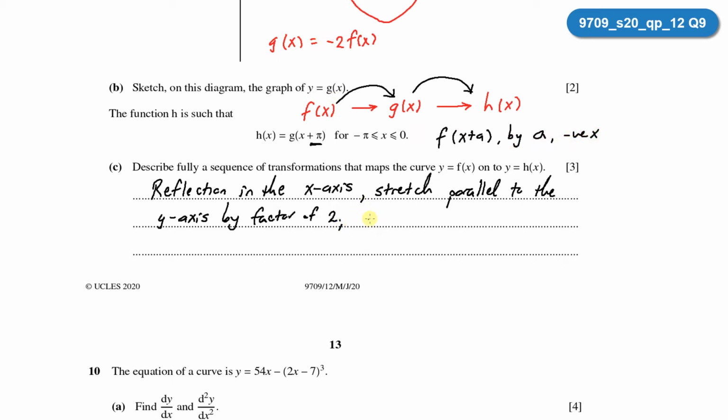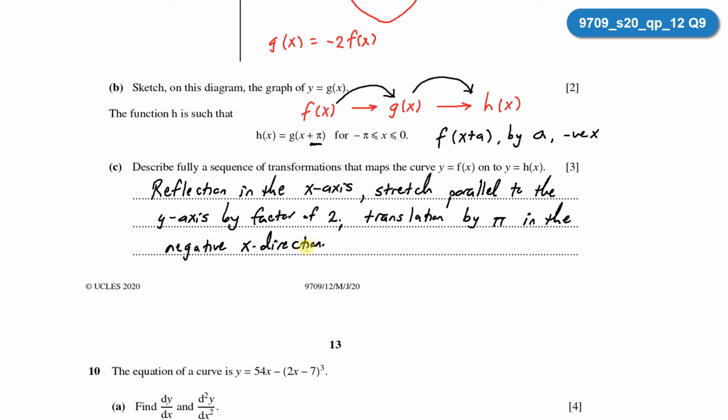So we can say that is a translation by minus pi units in the negative x direction.